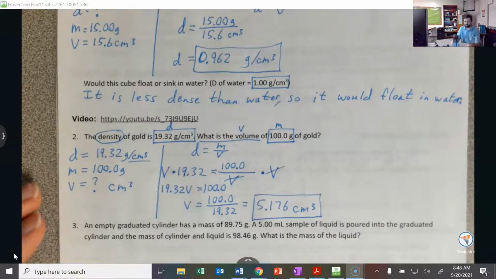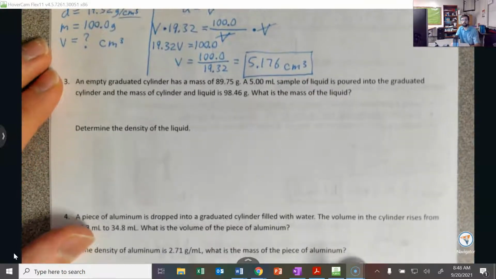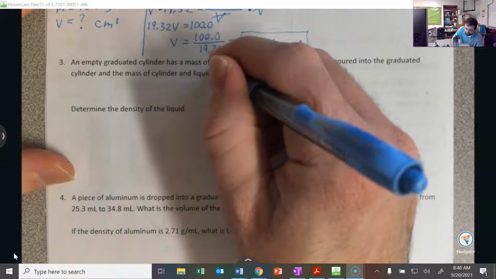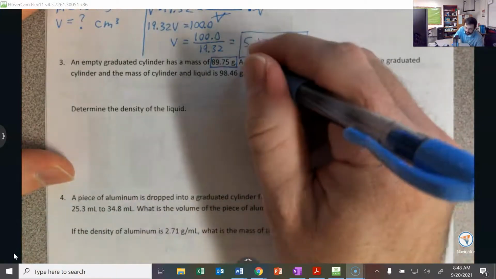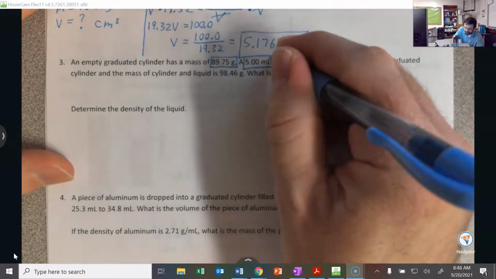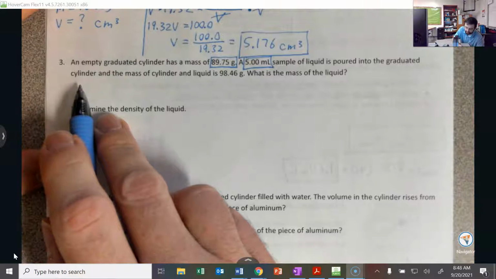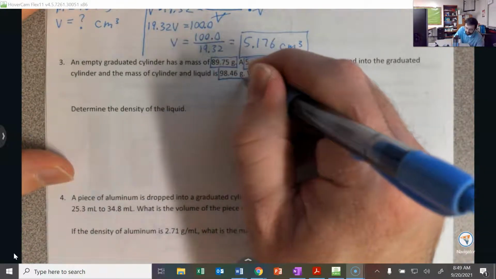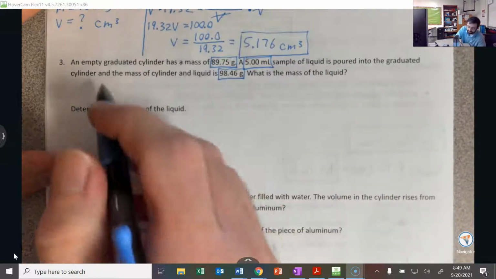Okay. Got another problem down here. An empty graduated cylinder has a mass of 89.75 grams. A 5.00 milliliter sample of liquid is poured into the graduated cylinder, and the mass of the cylinder and liquid is this. Now I see 2 different masses.